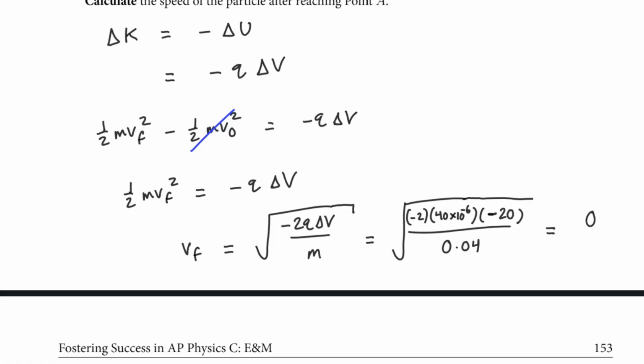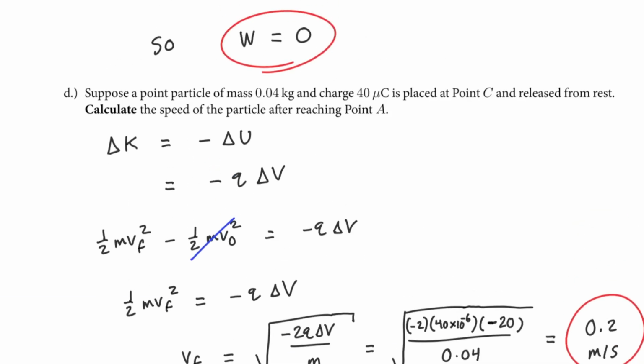And this nicely works out to exactly 0.2 meters per second. So that will be our final speed. Again, notice that the sign of delta V definitely mattered here. If you're working through it and you get some non-real answer, that usually means you just messed up a minus sign somewhere and you should just flip it. But of course, this does everything right.